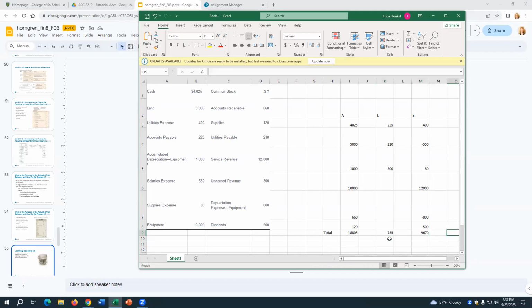So my subtotal for these is 10,405. So the difference between that and that should get me my common stock. So 8,400 is what I'm coming up with for that. Is that what y'all came up with? Yeah. Okay, so that should be what you'd get for common stock.